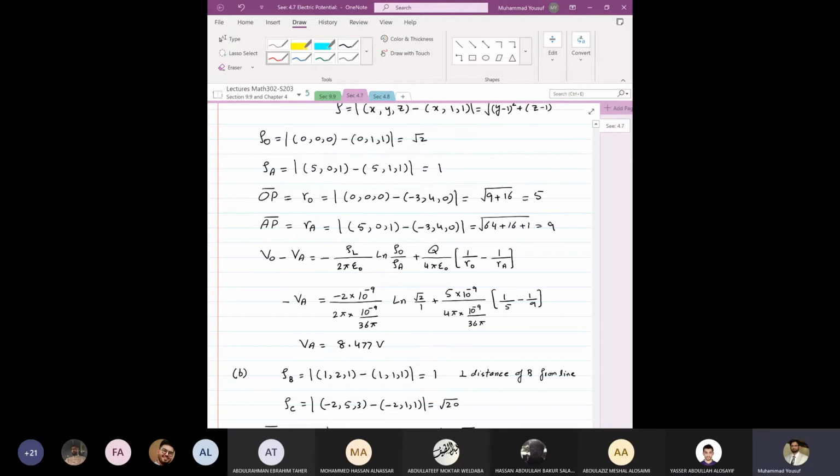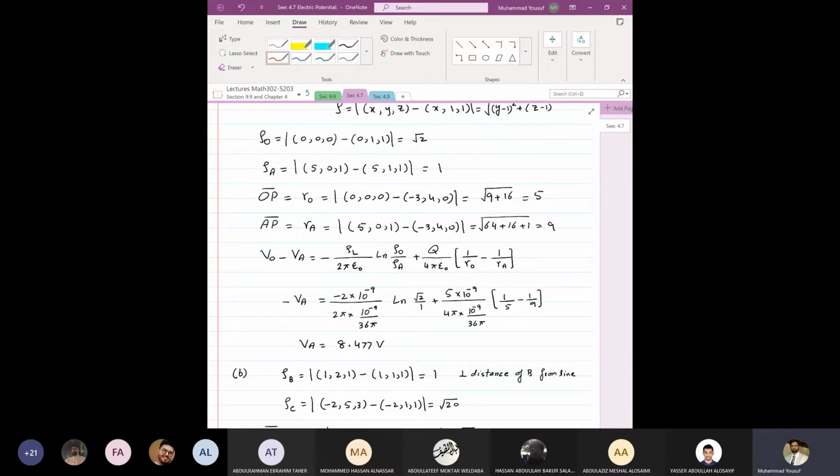We put in these constant values, and remember this time it is 10 power negative 9 for nanocoulomb, and after simplification we get VA equal to 8.477 volts.